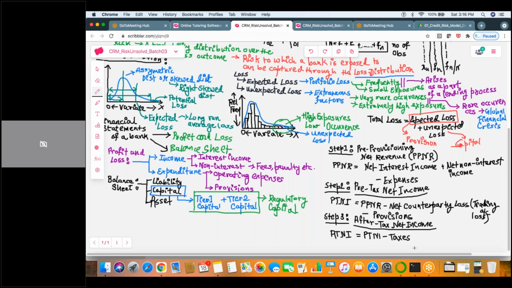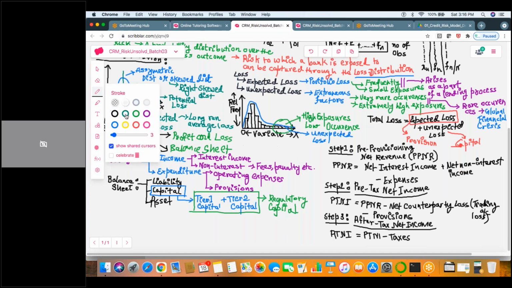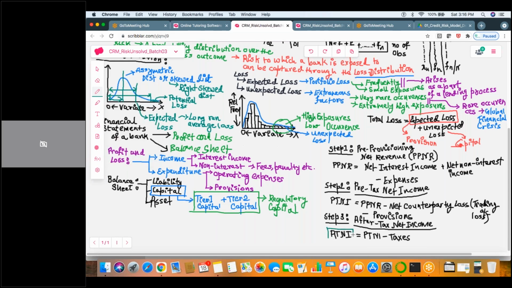So after the third step that you have calculated over here, one thing that we can clearly observe is the following: this after-tax net income is the income which is used by the bank for multiple purposes.